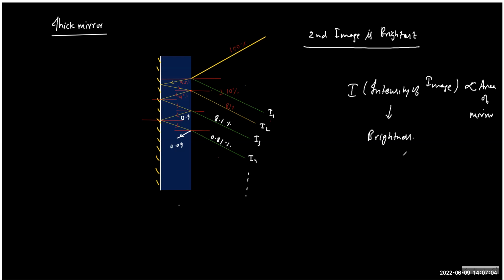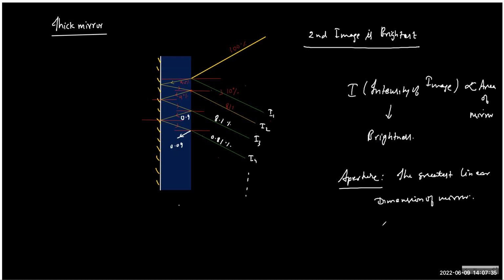Anyway, so brightness is the physiological concept of the mathematical value called intensity, and we have something called aperture. So aperture is for the greatest linear dimension of mirror.